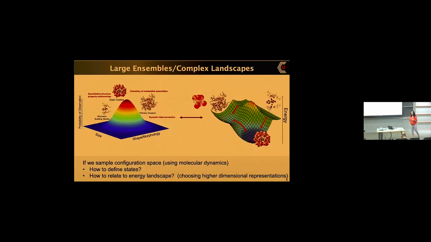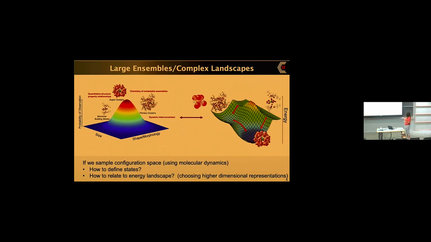And the real challenge is when you have these very rugged underlying energy landscapes, you have very broad ensembles of structure. This is just a simple cartoon of a Gaussian-like distribution of different types of species we might see in one of these solutions, where we have organizational units, maybe monomeric building blocks that self-assemble into primary clusters and superclusters, and we've got this distribution of interconverting species.